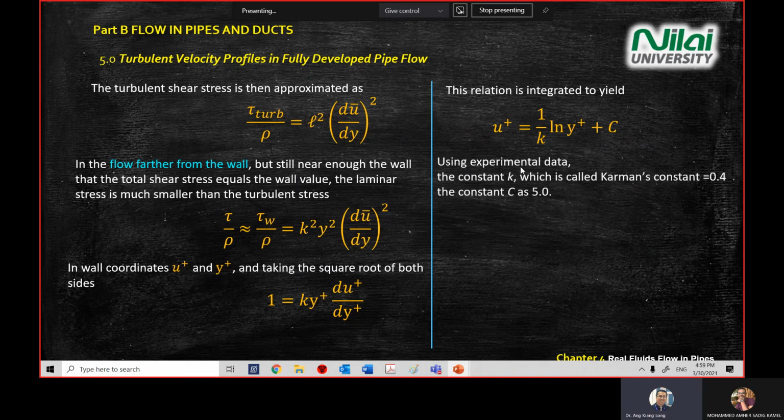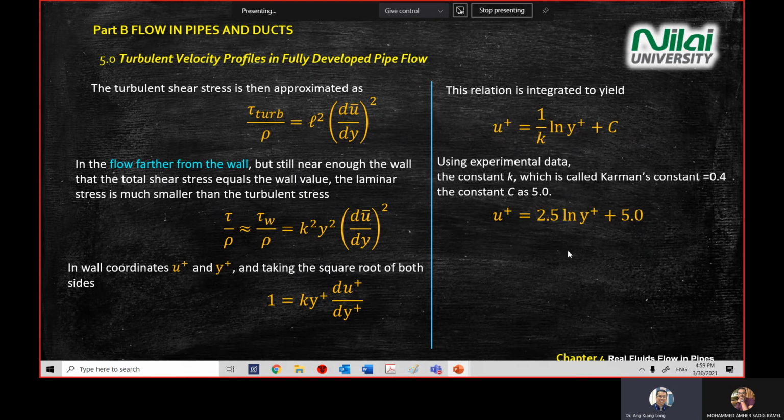You can only determine this u plus, y plus relation through experiment. From a common experiment, k is a common constant given as 0.4, and the constant c in the experiment is 5. So you can substitute the values there.